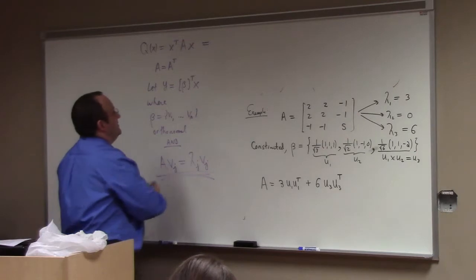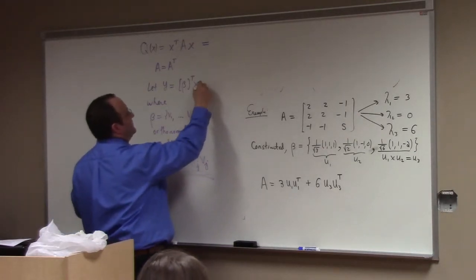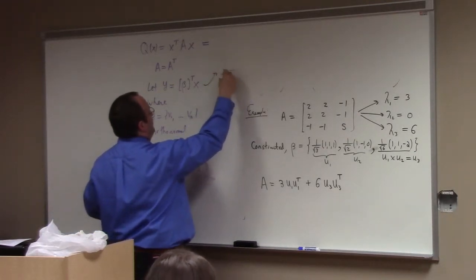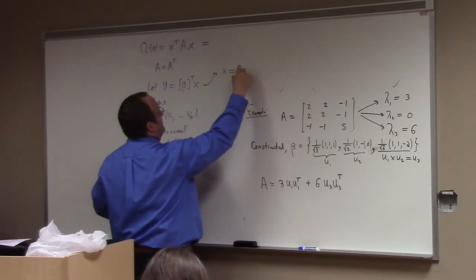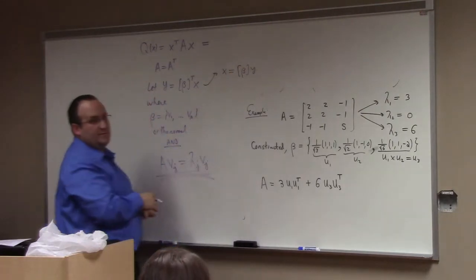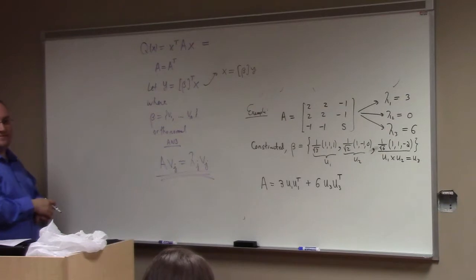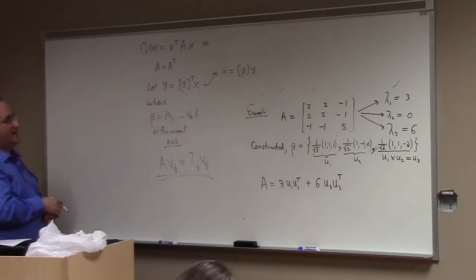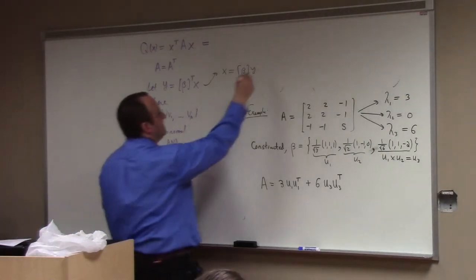May I recommend solving this? This tells me that x is equal to what? It's equal to beta y, right? And what about x transpose?